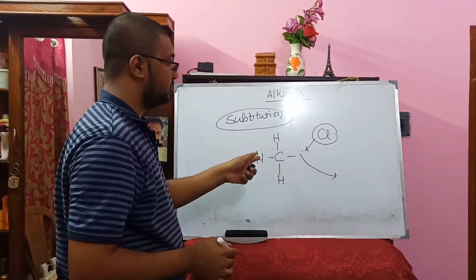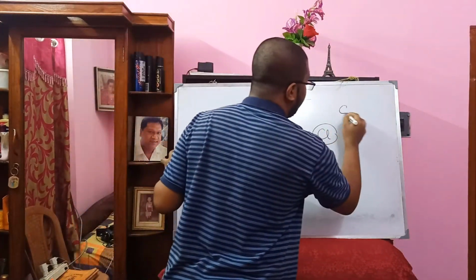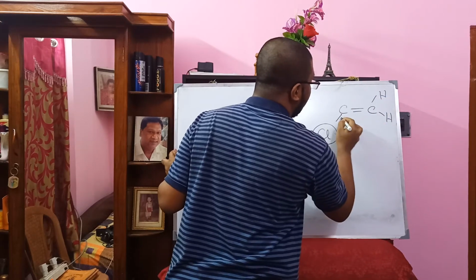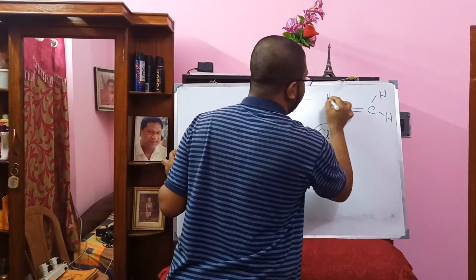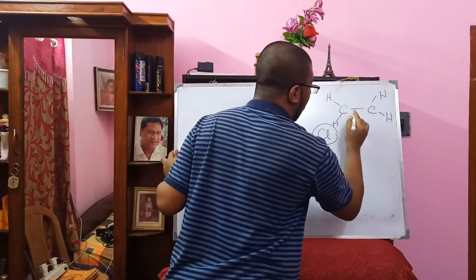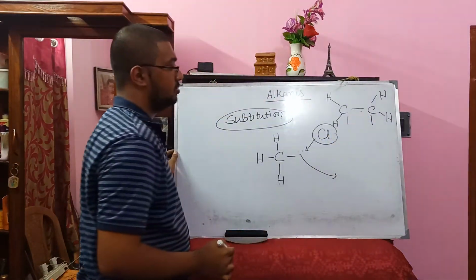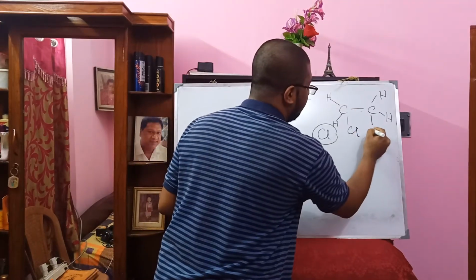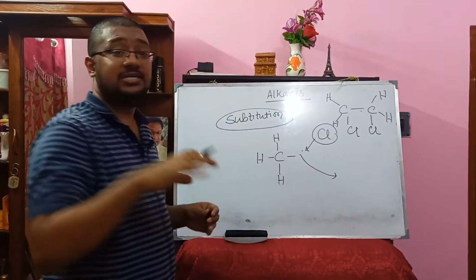This is substitution. But just imagine if it was an alkene. You break this bond, you get 2 new bonds, and someone can join and fill these places. For example, this. Is it clear?